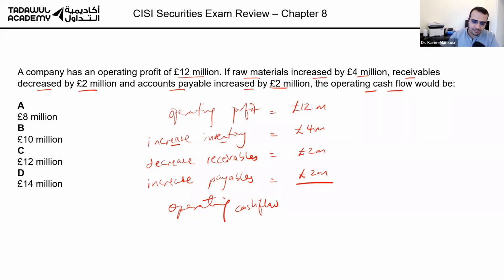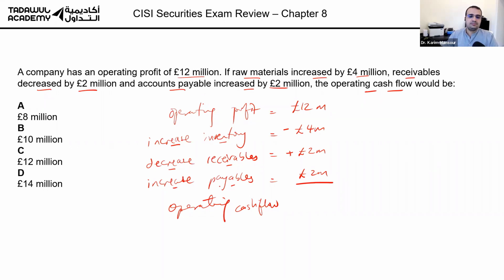Your cash dropped, so you subtract. A decrease in receivables. Receivables are the amounts that your clients should pay you. If that amount drops, that means the amounts outstanding have dropped. That means your clients have paid you. That is an increase in cash.